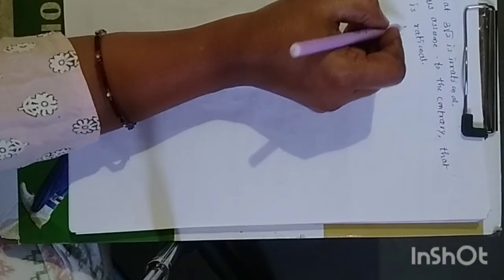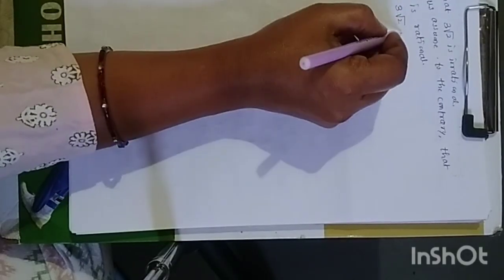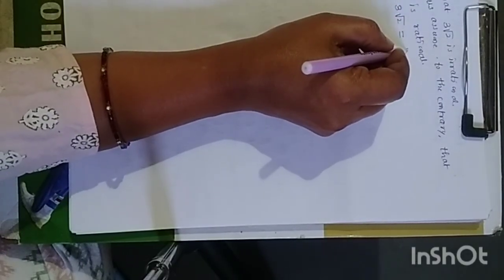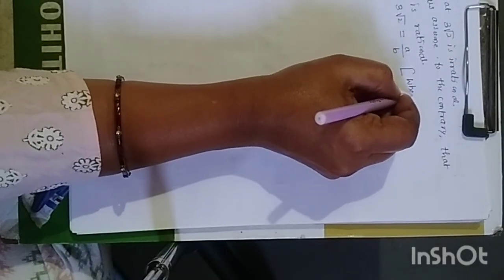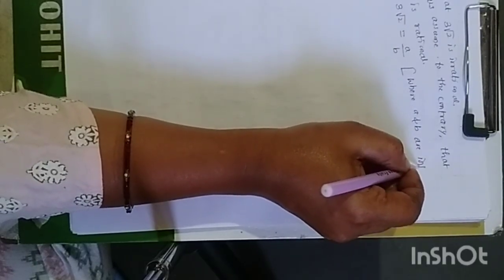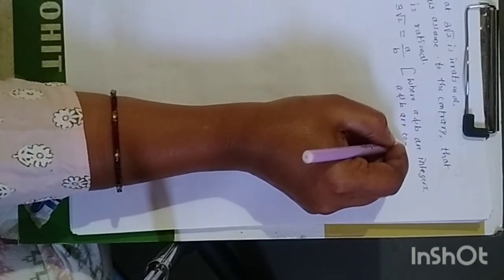It means a rational number is a number we can express in the form of a by b. Therefore 3 root 2 can be written in the form of a by b, where a and b are integers and a and b are co-primes.